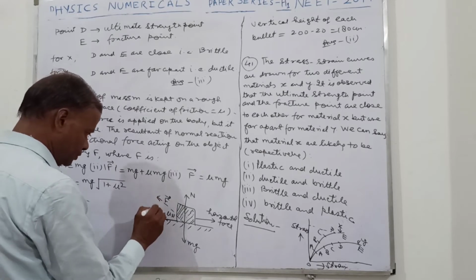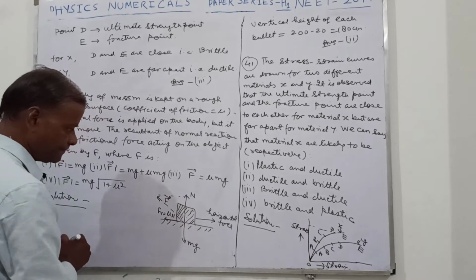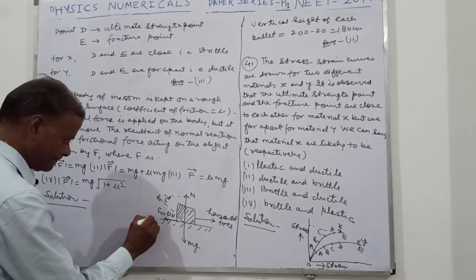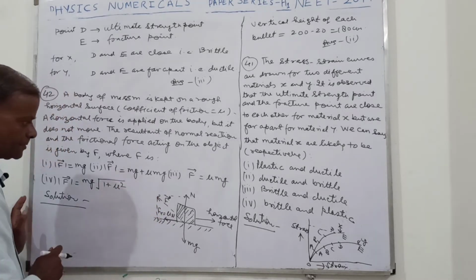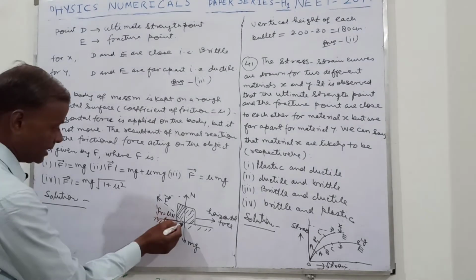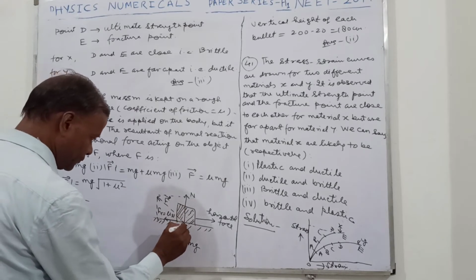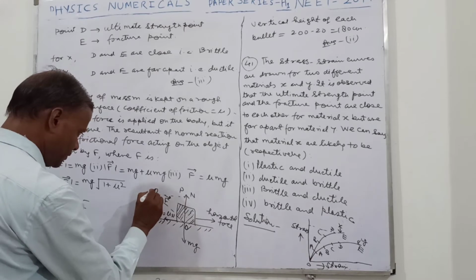We can do it by taking it like this. Then the friction force comes like this. So this is a right angle triangle. Suppose this is point O, this is point P, and this is point Q.